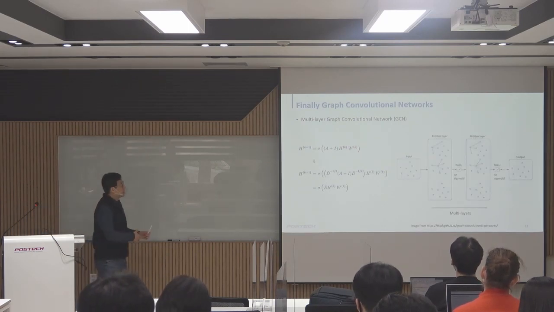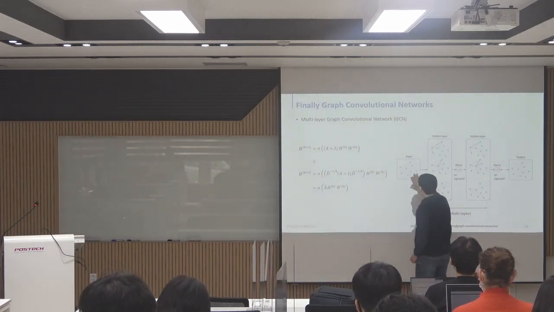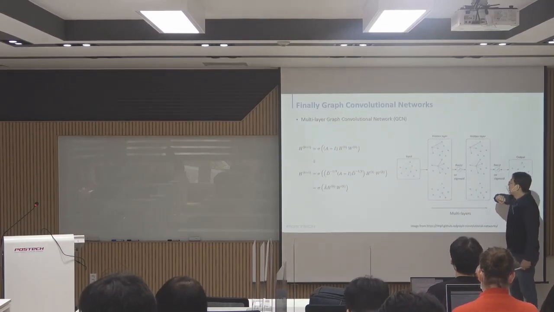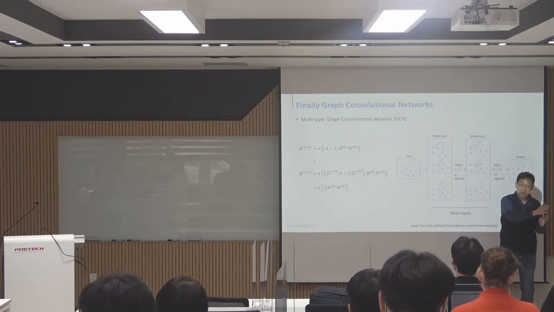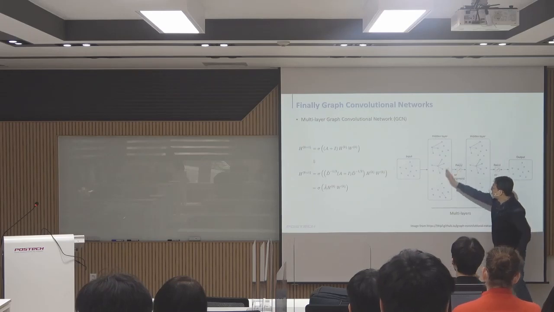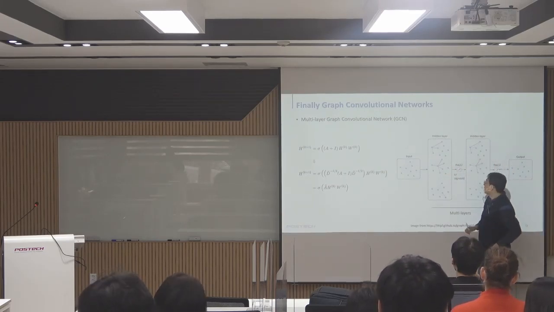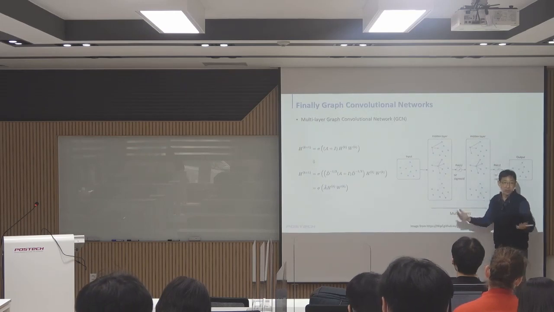So let's see what's going to happen inside. So suppose we have this kind of graph given, right? And see, in CNN we have multiple convolutional layers. So in GCN we have multiple layers as well. So in the first layer, we're going to update all the nodes inside the graph.